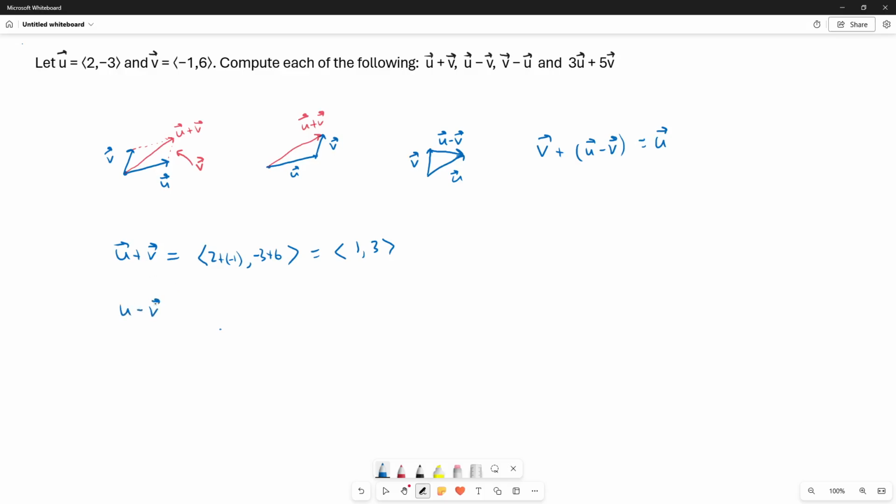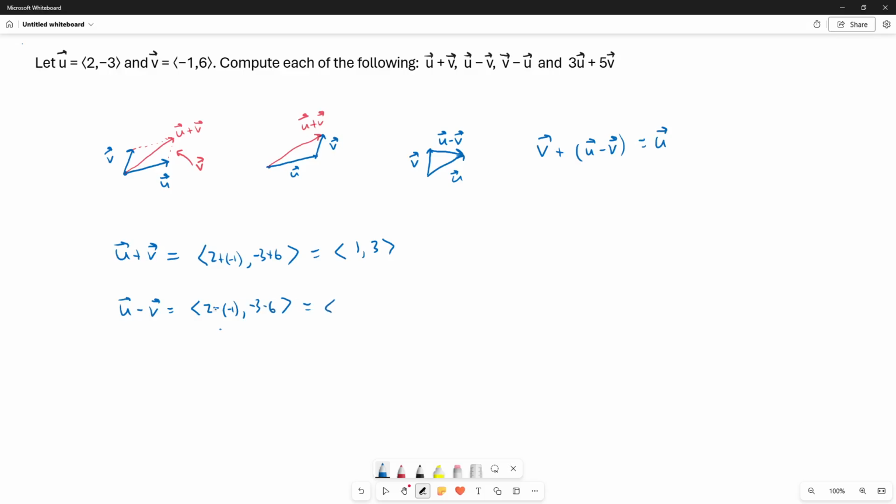u minus v is numerically computed in the same way. We just subtract. So it's going to be two components again. It's a vector in R2. The first component will be the difference: the first component of u minus the first component of v, 2 minus negative 1. And negative 3 minus 6 for the second component.